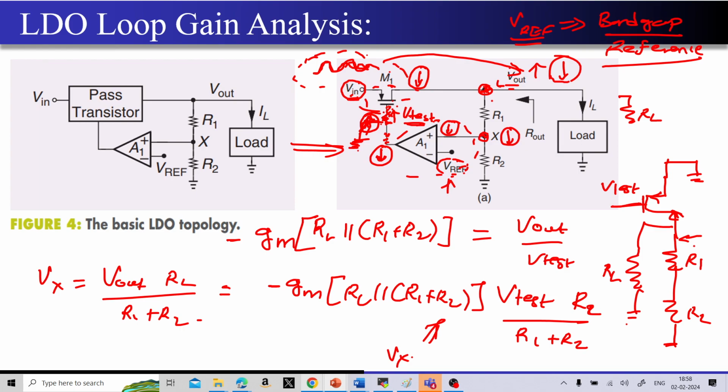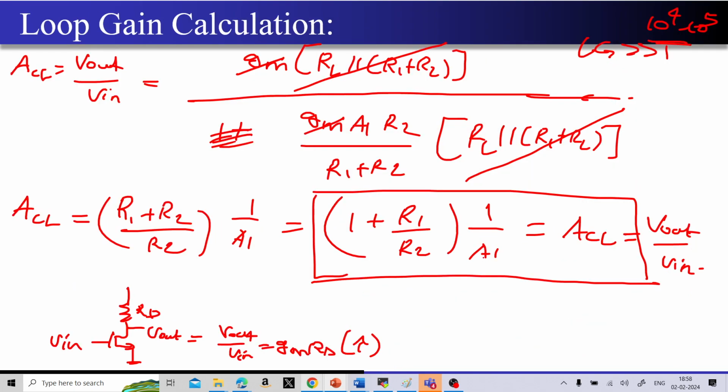So now if you look at this particular expression over here, this A1 is the ideal gain of my op amp, right? What will it be? It will be something like 10 to the power 4 or 10 to the power 5. Correct? Now what you can see over here, because I have included that op amp and because I have a negative feedback system, the gain Vout upon Vin will be extremely low.